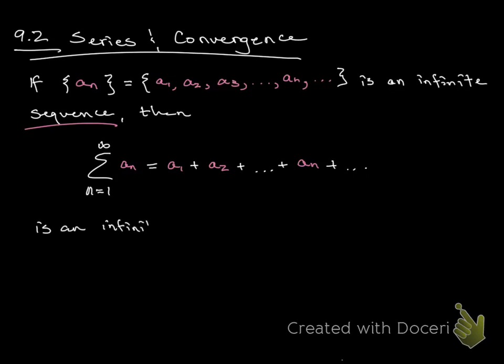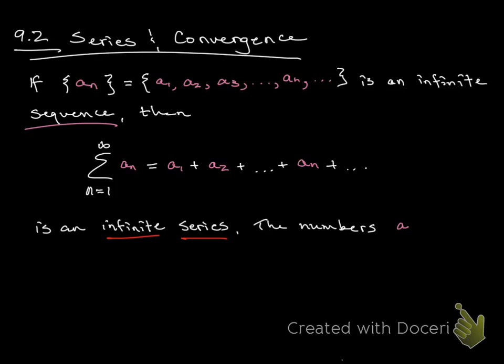This is called an infinite series, and we arrive at it from adding up terms in a sequence. So they're two slightly different things. The series is actually adding those terms up.